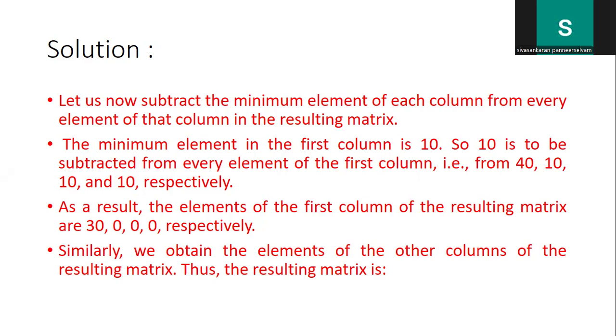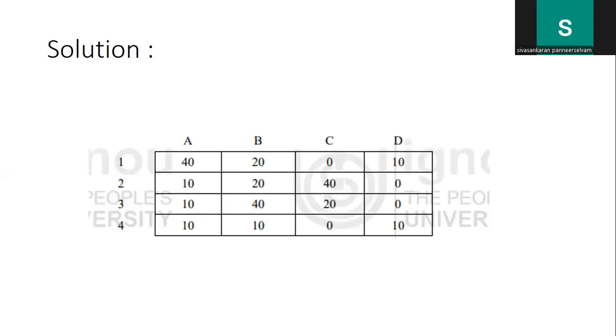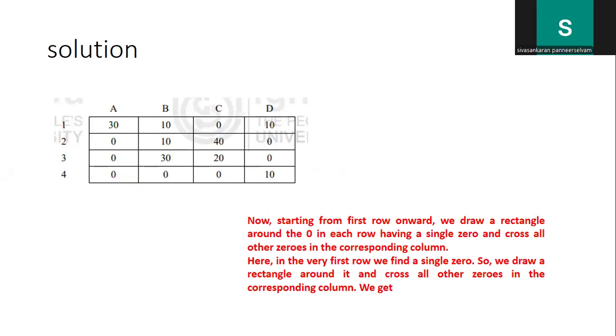Take that value separately and subtract 10 from the remaining existing numbers in column A. 40 minus 10, 30, 10 minus 10, 0, 10 minus 10, 0, 10 minus 10, 0. So you will get these values for column A, 30 and triple zeros.